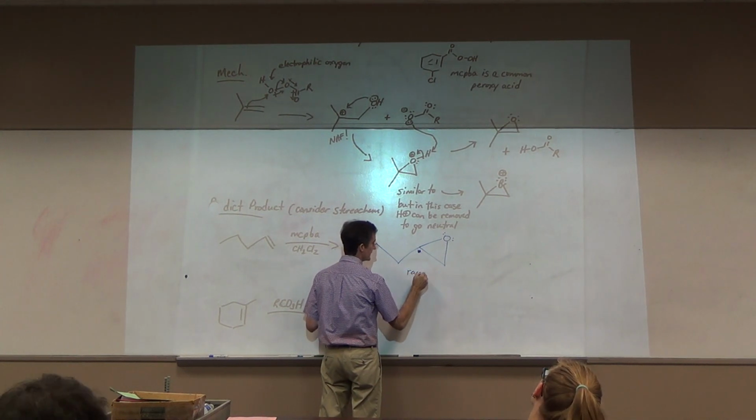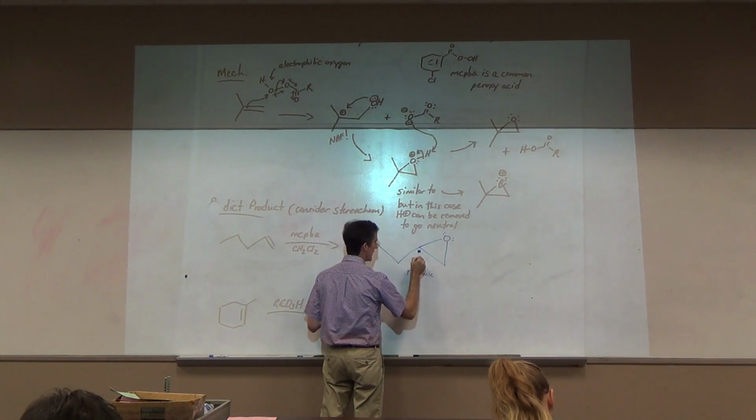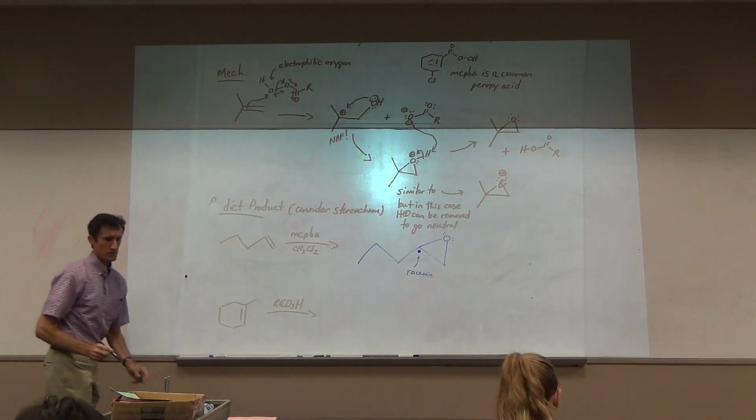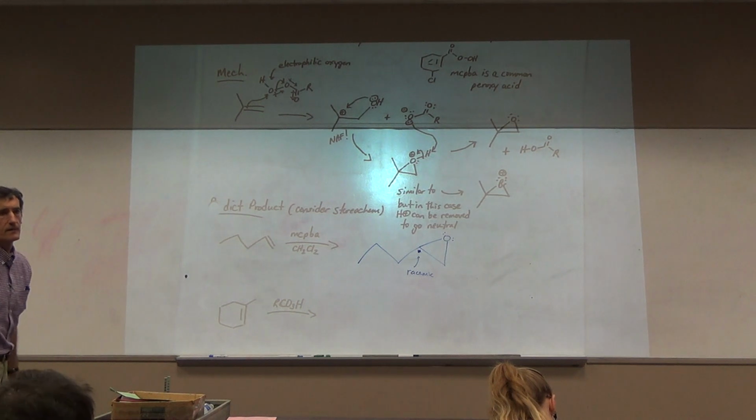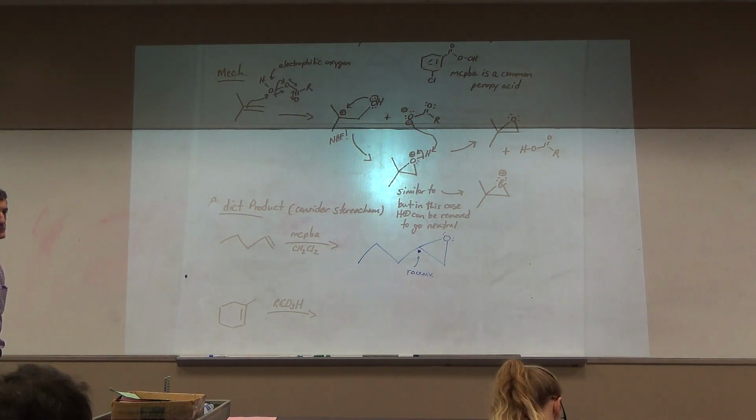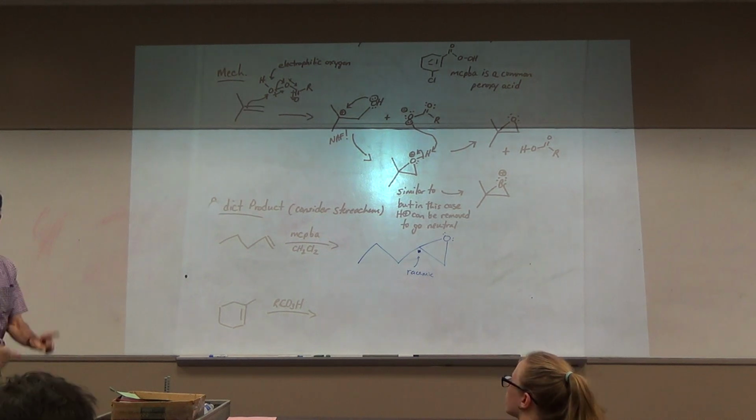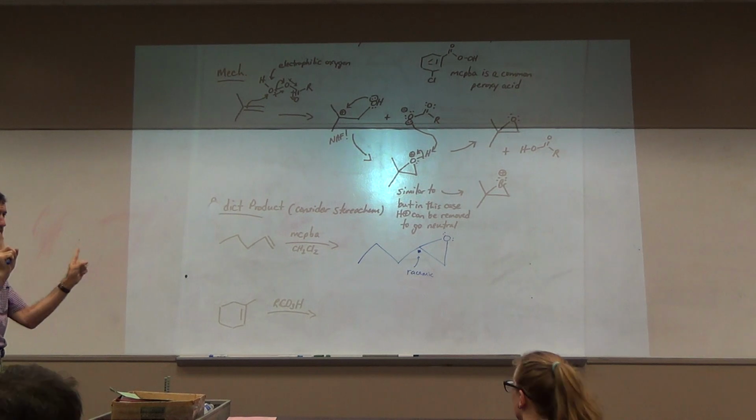It's going to be racemic. And we will learn what that means over the next week or so. Basically, it means you can draw it two ways. You can draw that bond forward, and also you can draw it back. It's both.